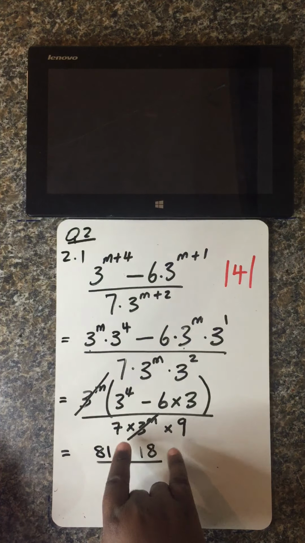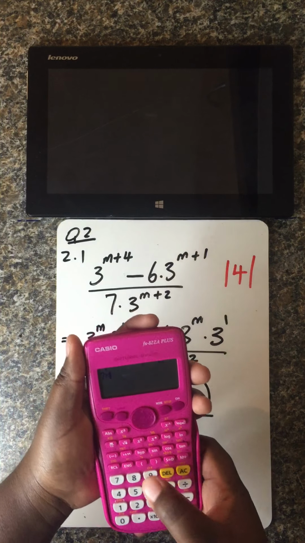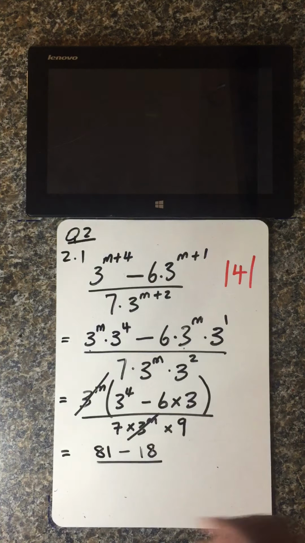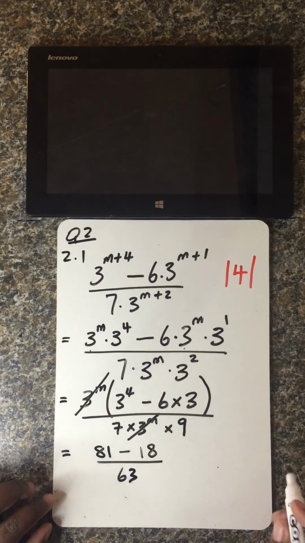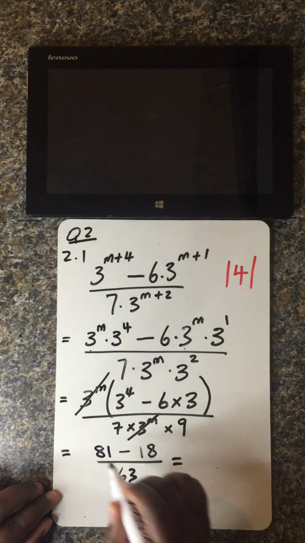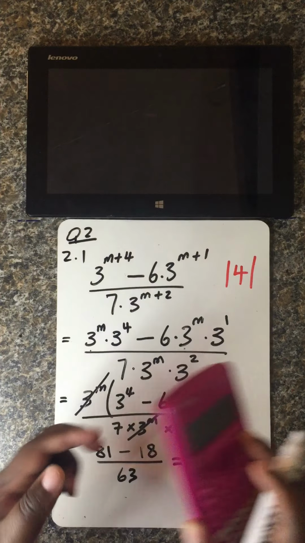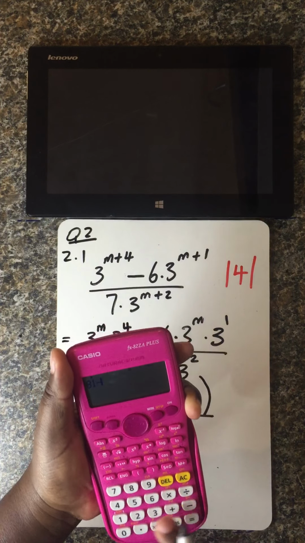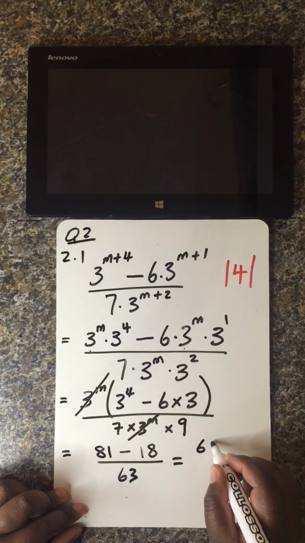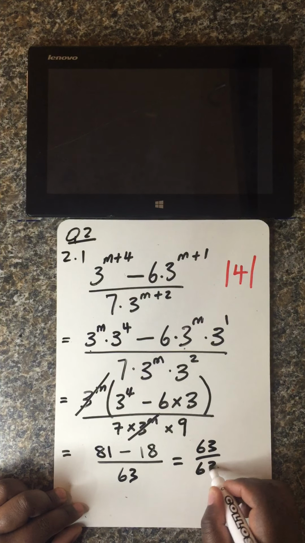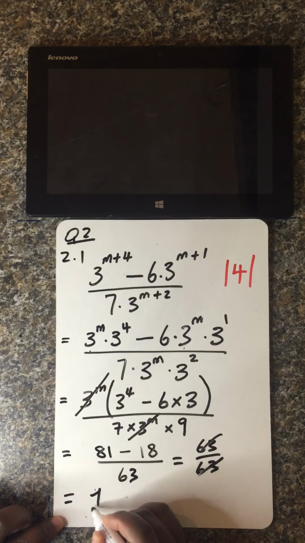If I might fail to do it by head, I'm just going to punch 7 multiplied by 9, which equals 63. Now, 81 minus 18 equals 63. Very interesting. So it's more like we've got 63 divided by 63, which is obviously equal to 1.